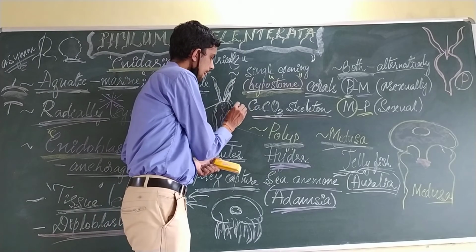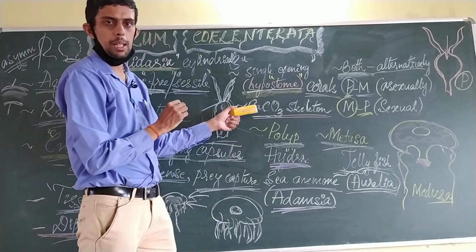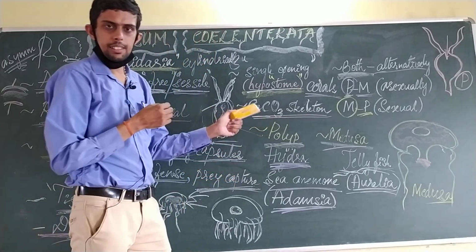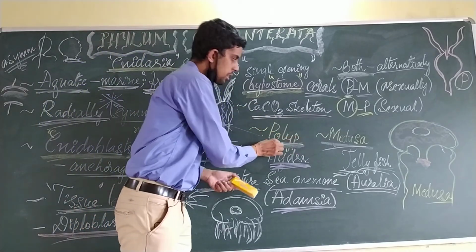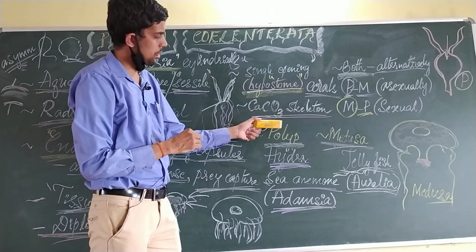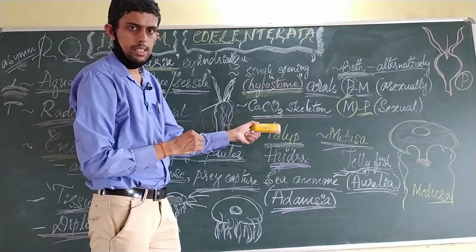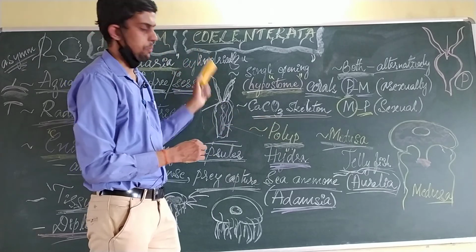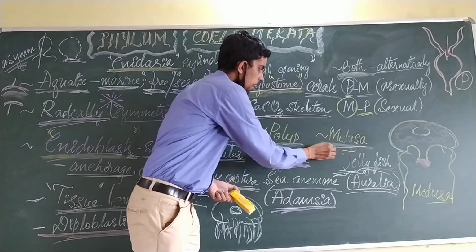If the skeletal system is present, that is made up of calcium carbonate. And then you find two types of body forms, that is alternate forms of the organism, that can be polyp or medusa.